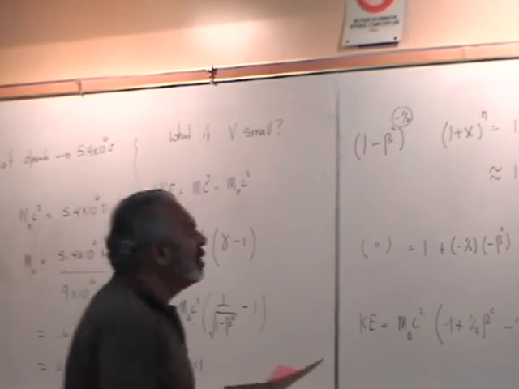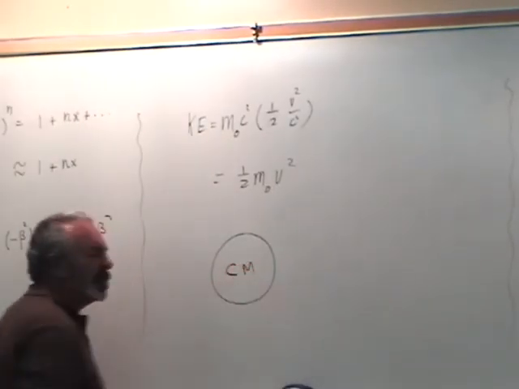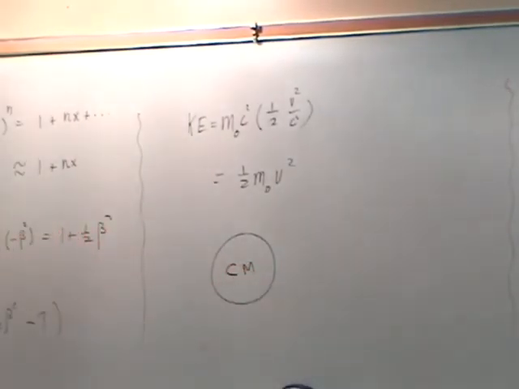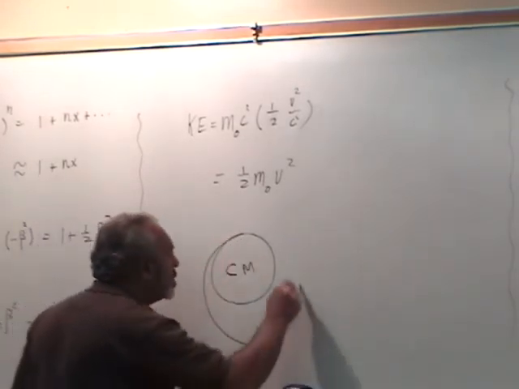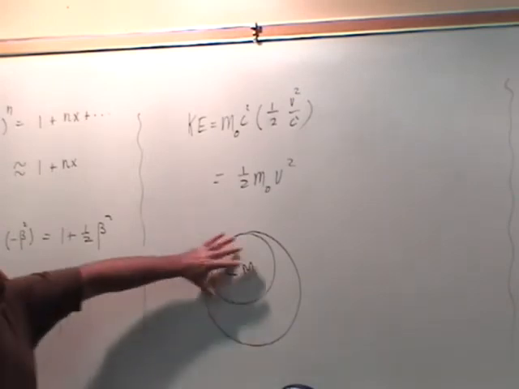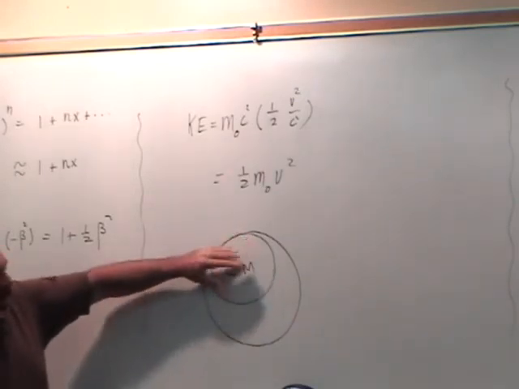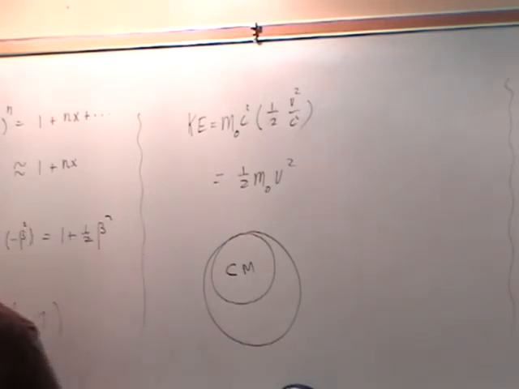Okay. So one of the things I like to do, I like to think of it like this. Here's classical mechanics, just call it CM, classical mechanics, or Newtonian mechanics. Relativistic mechanics is like this. Relativistic mechanics must completely encompass classical mechanics and then give you further solutions beyond what classical can do.